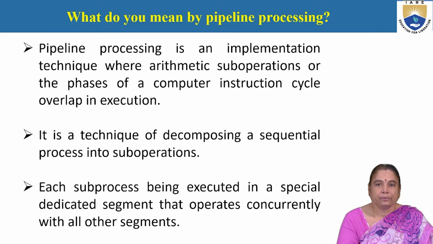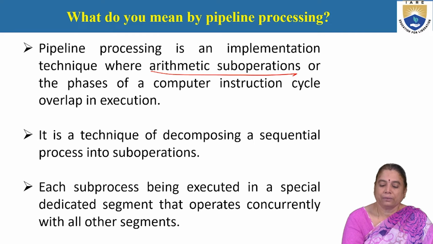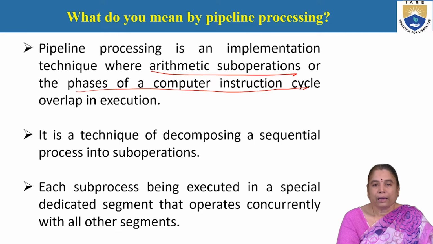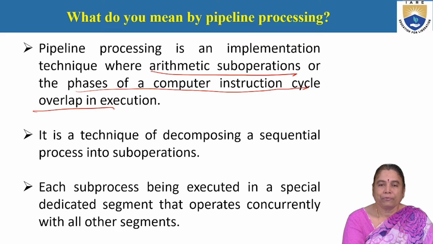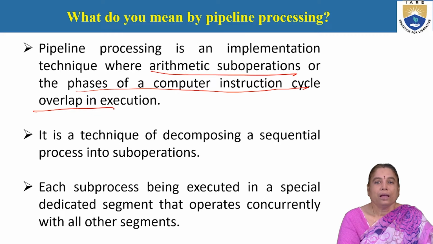Pipeline processing is an implementation technique where arithmetic sub-operations or phases of the computer instruction cycle can be executed in an overlapped fashion. If a computational task is processed by the system, this task can be divided into sub-tasks or segments. Each segment can be executed in parallel in dedicated registers, the pipeline registers.